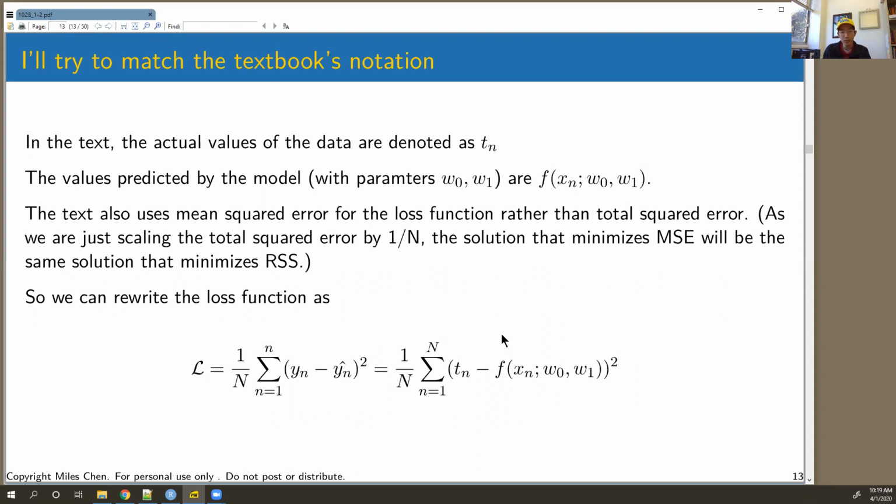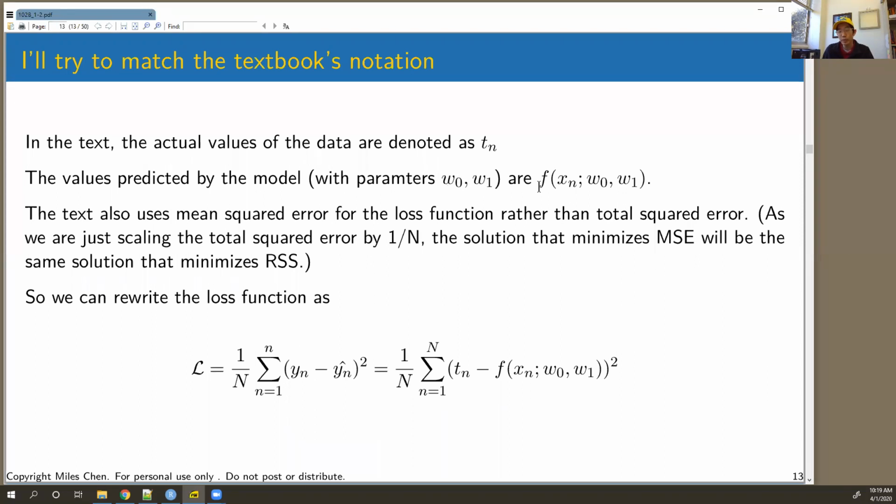And I'm going to try to match the textbook notation. What the textbook uses for the linear regression model is that the slope is W1 and the intercept is W0. So the linear regression model has parameters W0 and W1.